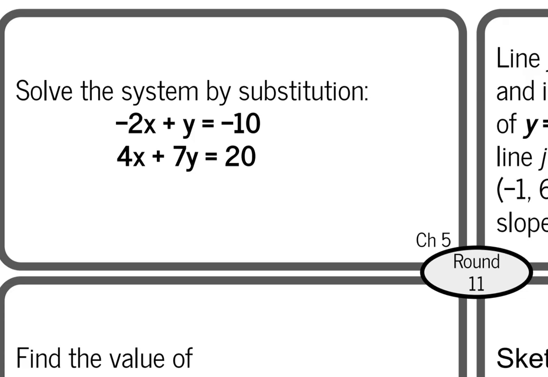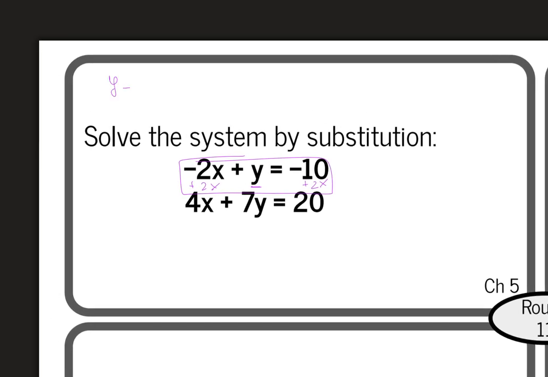Well, neither of these are already set up for substitution, but that's not really that big of a problem because this is just a regular old y. So what I'm going to do is add 2x to both sides of just this top equation, and I will get this. I will get y equals 2x minus 10. And what I can do is take that and plug it in right here.